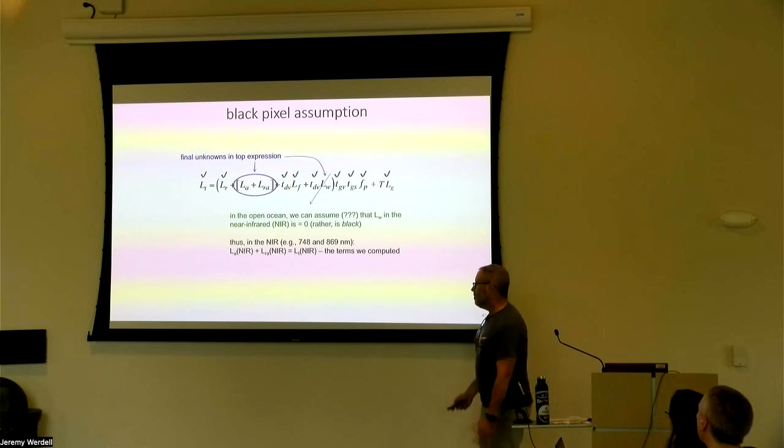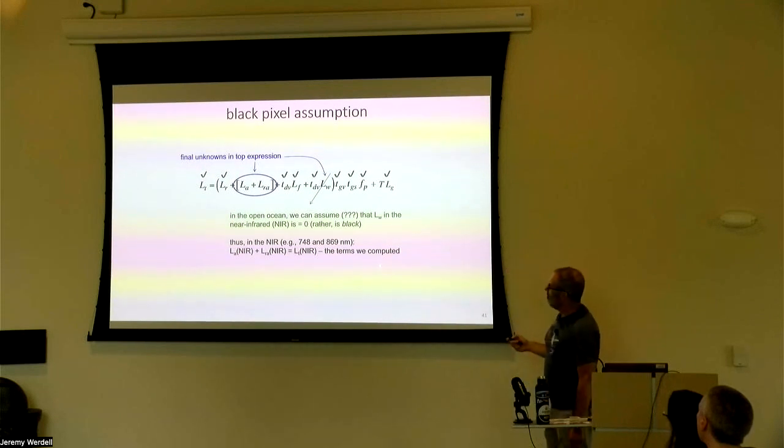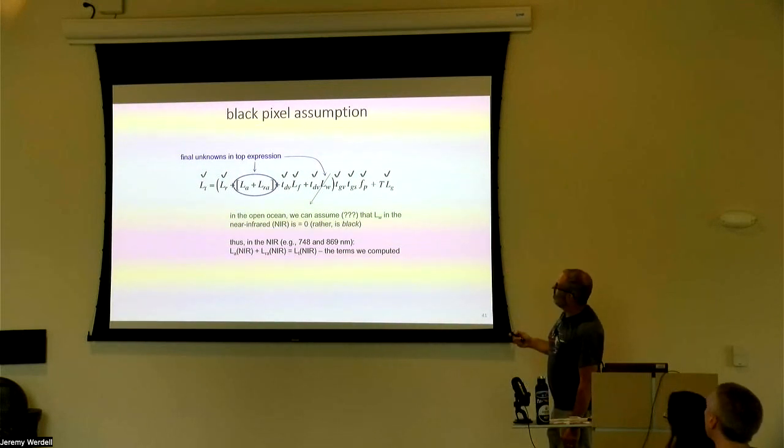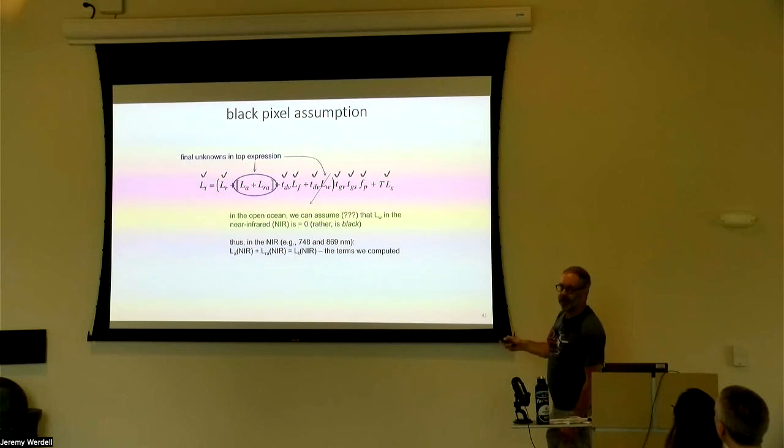There really isn't. So you make that assumption, and by canceling out this term, you've zeroed out the water-leaving radiance for these two wavelengths, which means anything that is left comes only from the aerosol. Does that make sense?